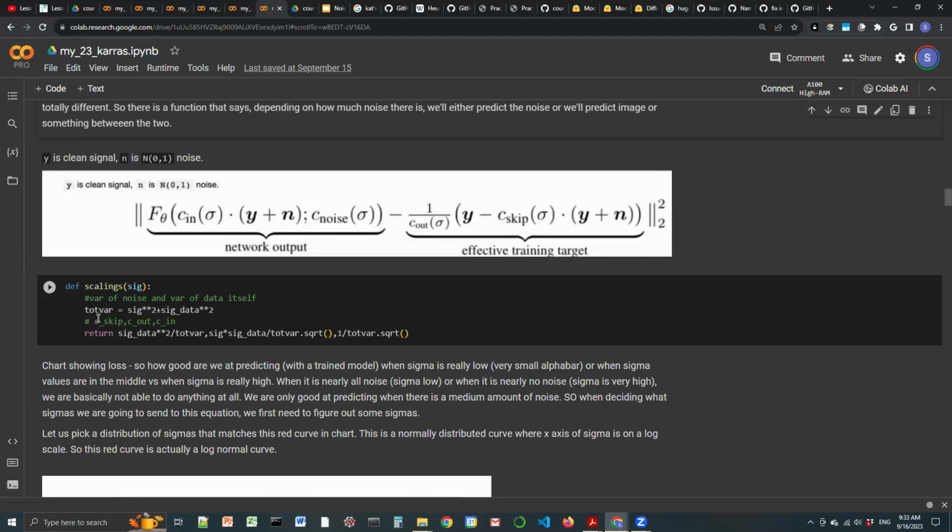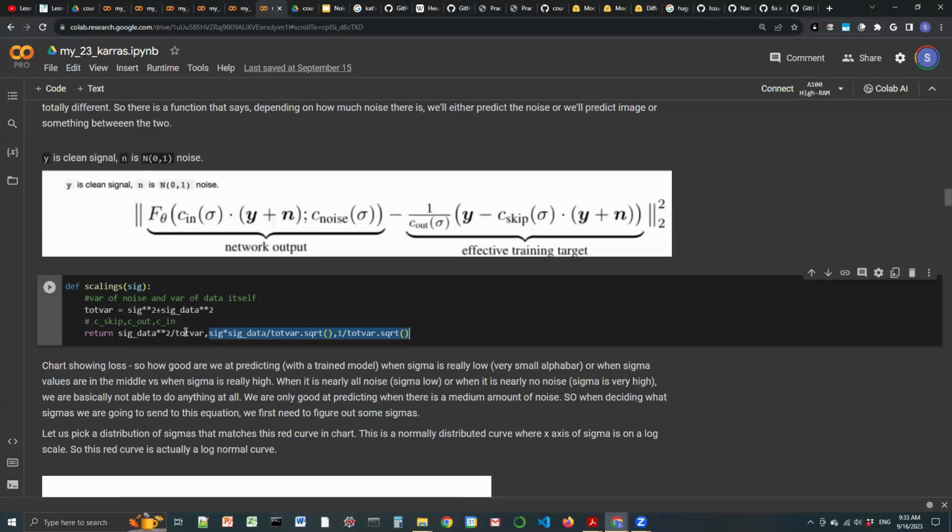And we'll discuss later what C-out and C-in are, which are the second and the third values that are sent out from the scaling function. But for the purposes of this, C-skip is simply the ratio of the variation in the data, which is sigma data squared, to the total variation.